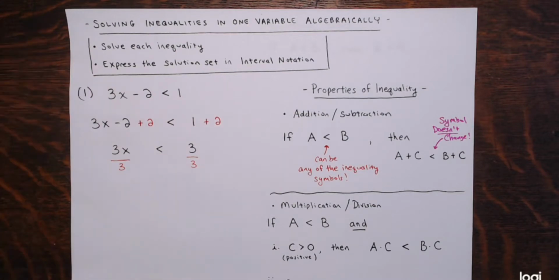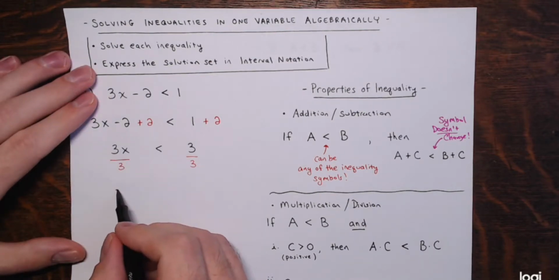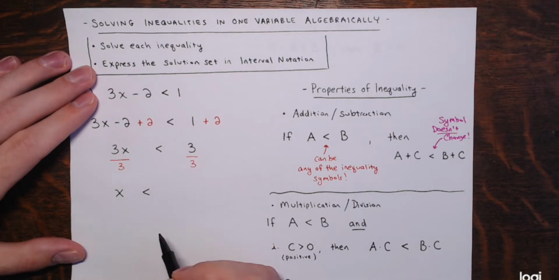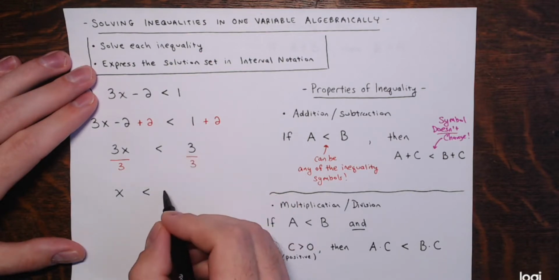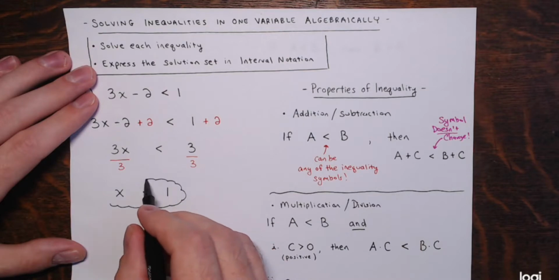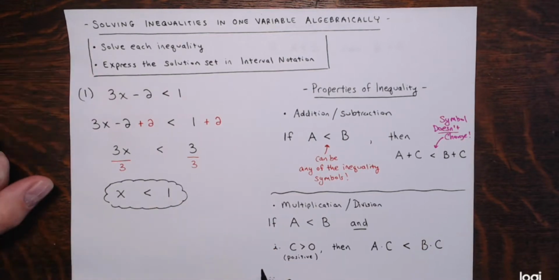But if that were a negative number, I would have changed it, flipped it around. So now on the left side I have x still is less than, divided by a positive number, and then 3 divided by 3 is 1. And here you go, here's a description of the solutions.